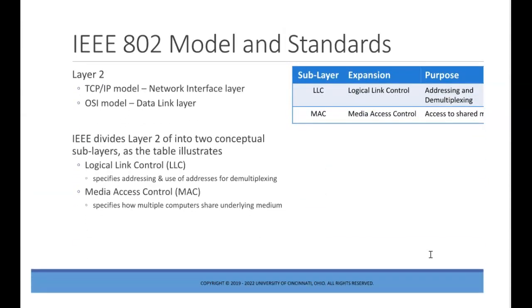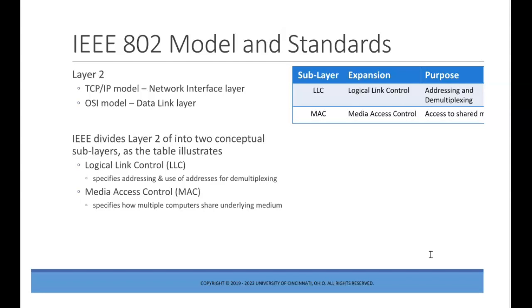The Institute for Electrical and Electronics Engineers, IEEE, divides layer 2 of the protocol stack into two conceptual sublayers, as this table illustrates. The logical link control, the LLC, is the sublayer which specifies addressing and the use of the addresses for demultiplexing.